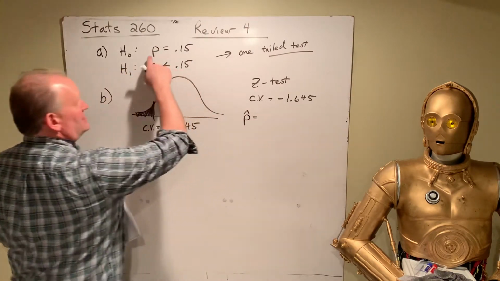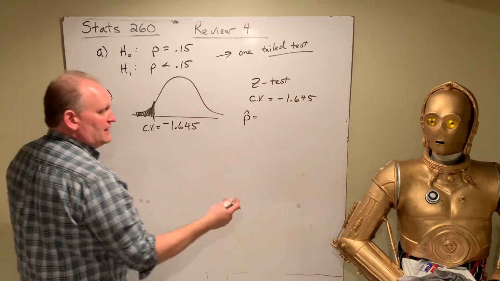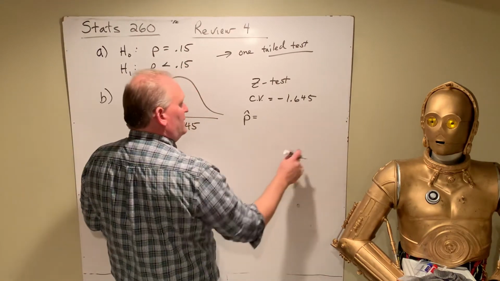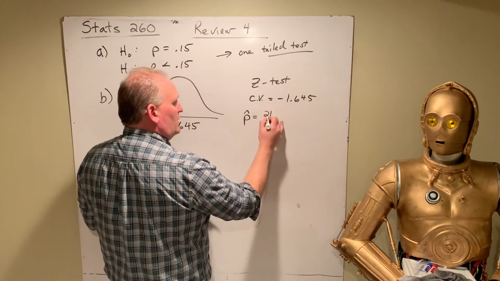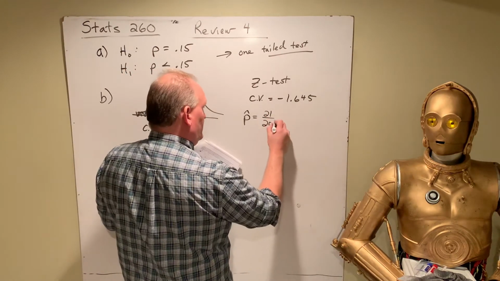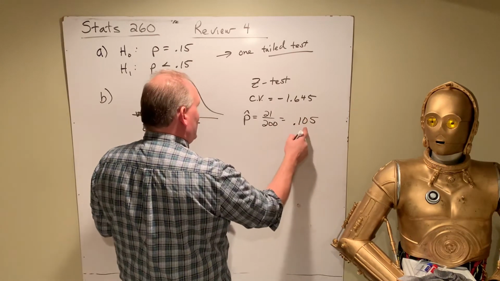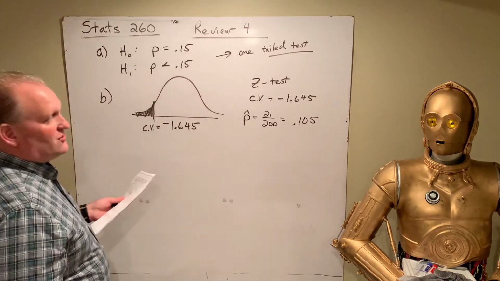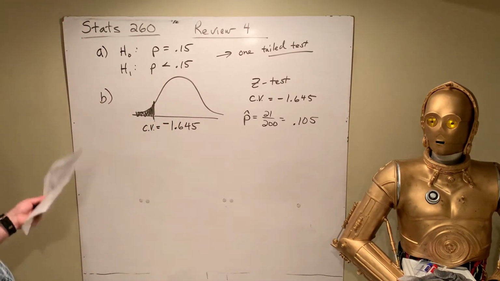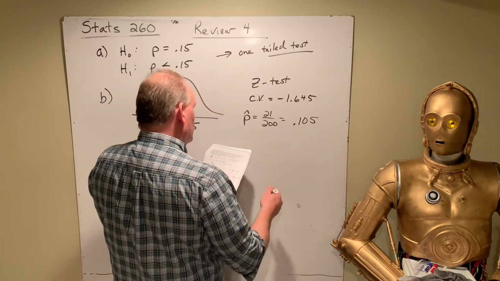So p is the population was 15% dropout rate. That's got to be over time. And so p hat was this 21 out of 200, which is 0.105. But is that significant? Is like 11% drop from 15 significant at the 5% level? So we're going to find out.